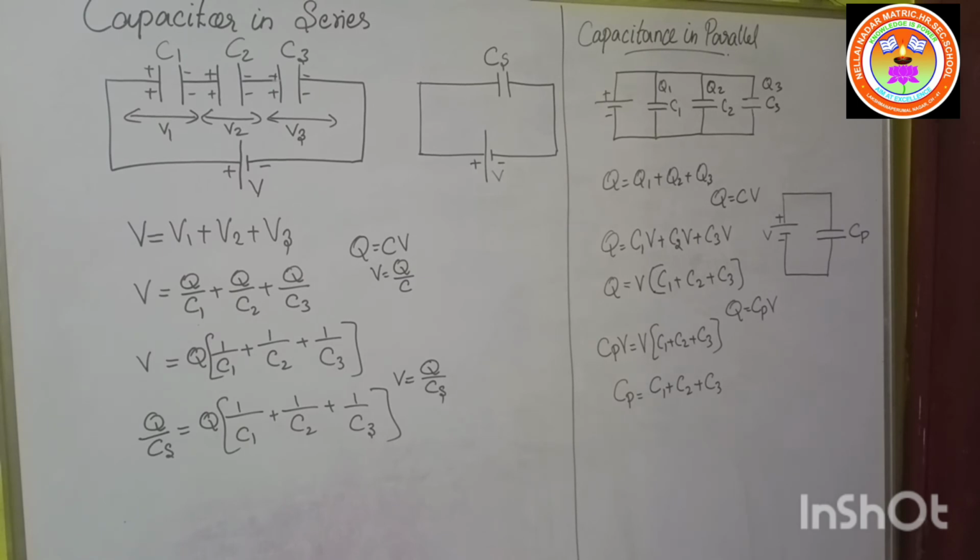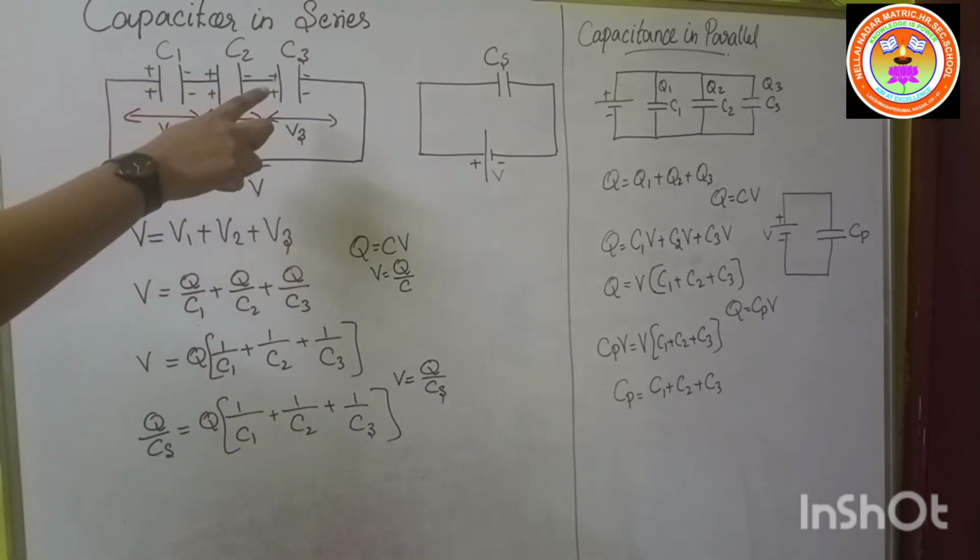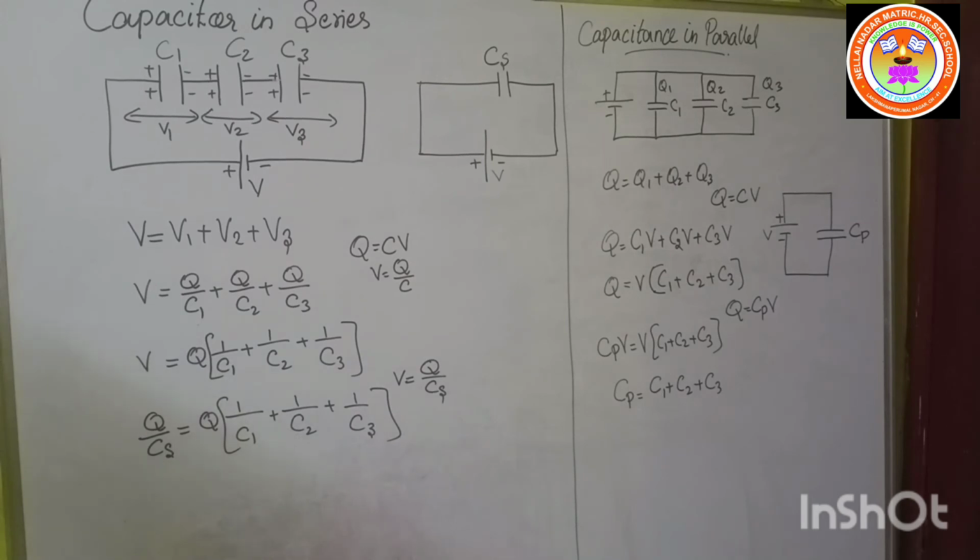Next, we come to the topic capacitors in series and parallel. So children, let us consider 3 capacitors of capacitance C1, C2 and C3 connected in series to the battery, in a line. As soon as the battery is connected to the capacitors in series, electrons of charge minus Q are transferred from the negative terminal to the right plate of C3.